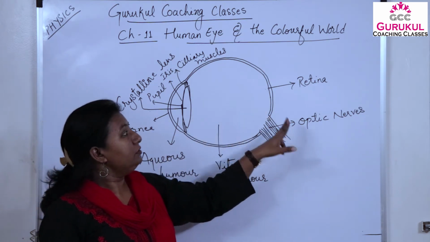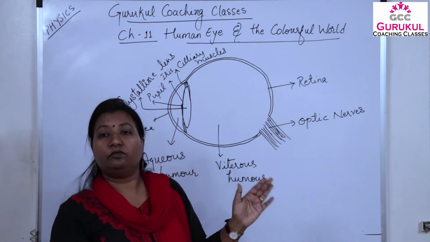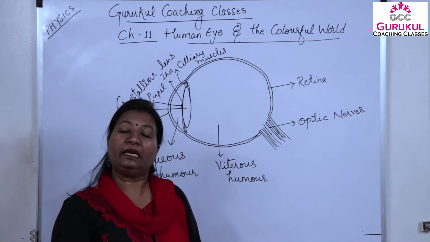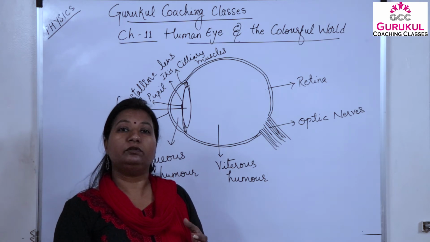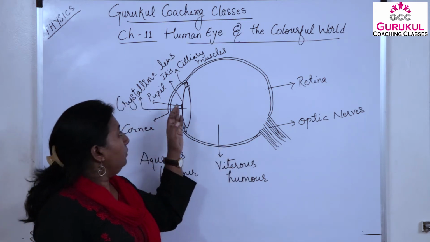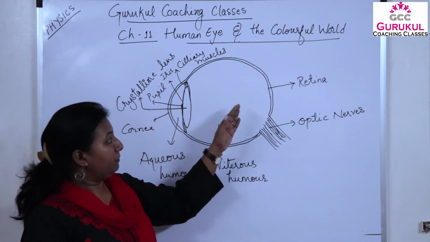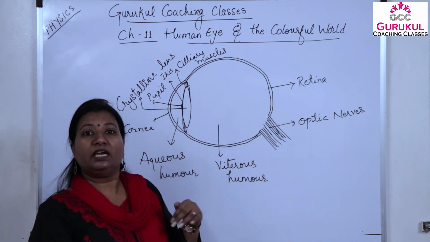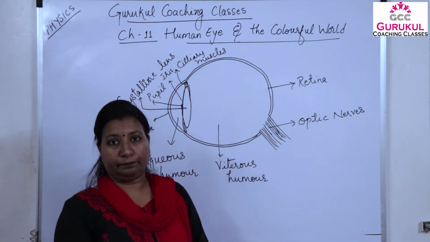So optic nerves will carry the message in the form of electrical impulses and send it to the brain, and the brain will finally interpret how the object is actually looking, right? So we have a convex lens, its image will obviously be inverted on the retina, but we can't see the objects inverted, right?